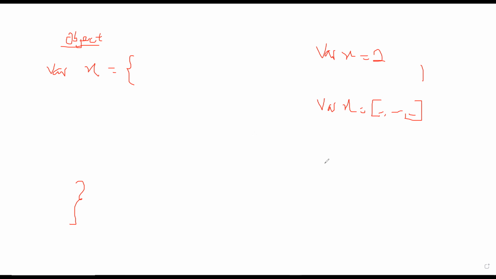For this object, you use the curly brace. And if I want to put the data into this one, I can say first name. You can see the semicolon, because that is the syntax. Comma, last name.